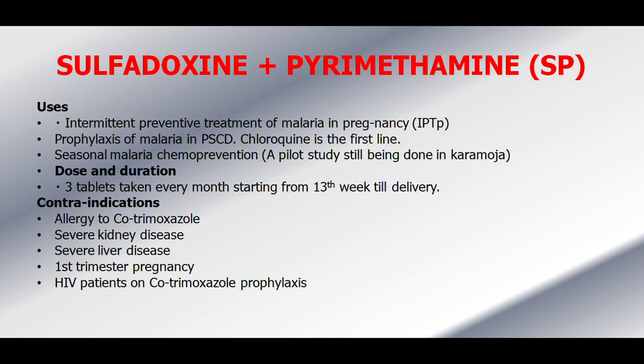You're not supposed to give Fansida to HIV positive mothers who are already on cotrimoxazole. Why? Because cotrimoxazole and Fansida both contain sulfur. Now when you give both drugs, there is going to be too much sulfur in the body that will lead to toxicities. So it's not encouraged for you to give Fansida to a patient who is already on cotrimoxazole.